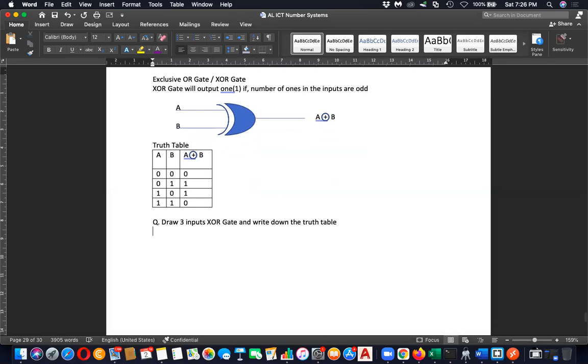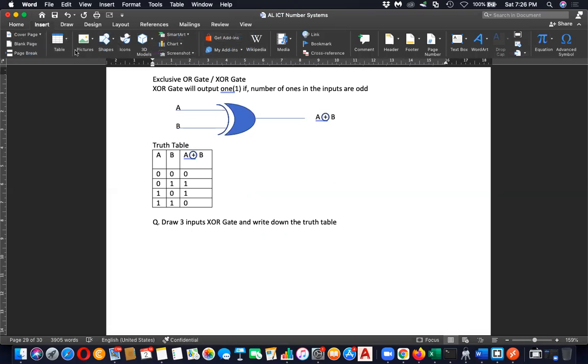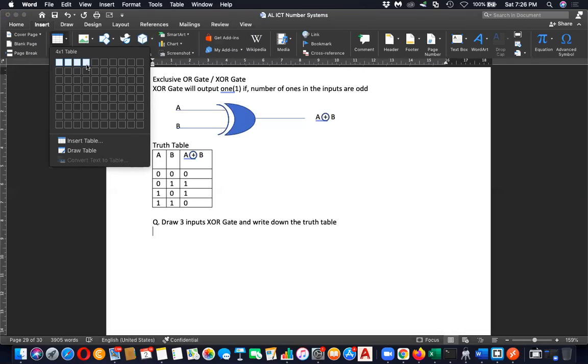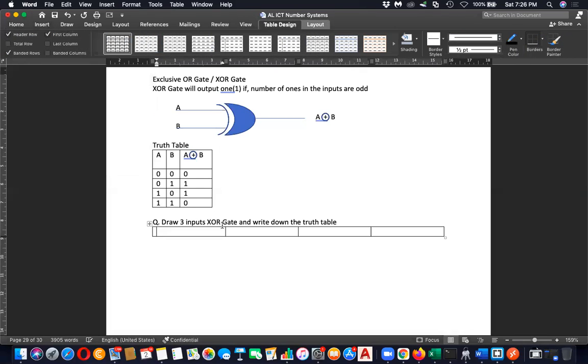So that is my question. You have 2 inputs, and this is how it behaves. Please draw a 3-input gate and fill the truth table. Quickly write this down, and then draw a 3-input table like this. You have A, B, and C, 3 inputs.